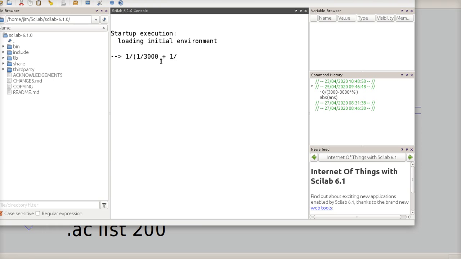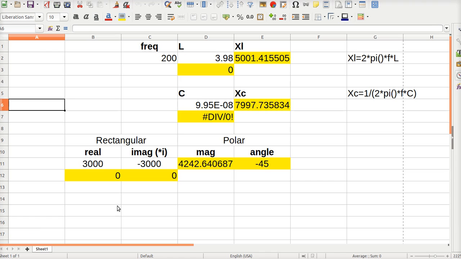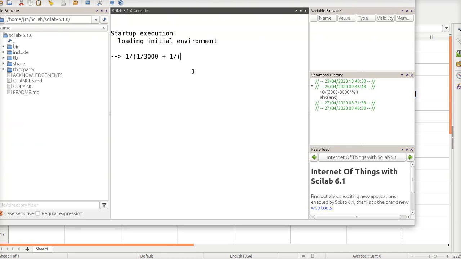Now our middle term was an inductor, and our inductor value was 5,000. So it's inductive, so I have to put my denominator in parentheses and make it an imaginary number. 5,000 times percent I tells Scilab that the next symbol is a constant.